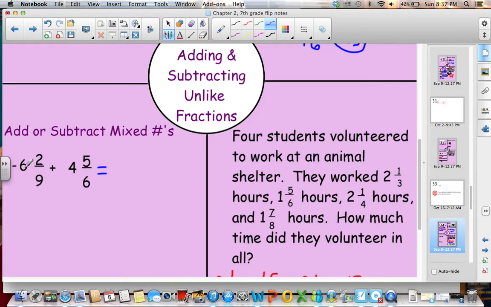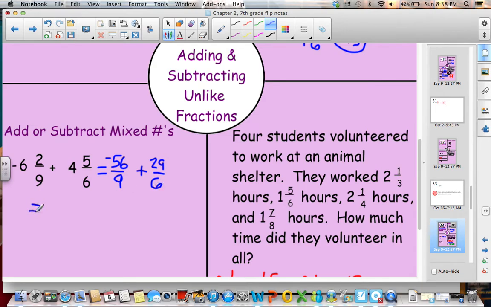We do 9 times 6 is 54, plus 2, we get 56/9. We keep the bottom. And then we bring my negative back in. And then we do 6 times 4 is 24, plus 5 is 29/6.